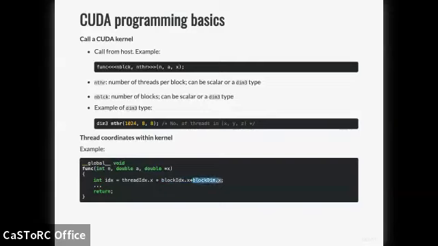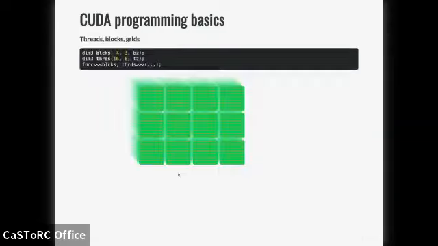And blockDim.x is just another variable that holds the same value as basically n threads here. It's the number of total threads that are running within a block. And this, as I said, can be multidimensional.